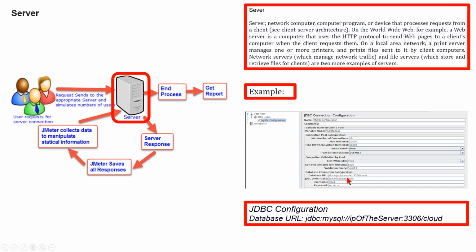This can be the IP of the server, and then here :3306 follows, as /cloud, and JDBC driver class com.mysql.jdbc.Driver, username and password. The username of the database, and password here, password for the username.